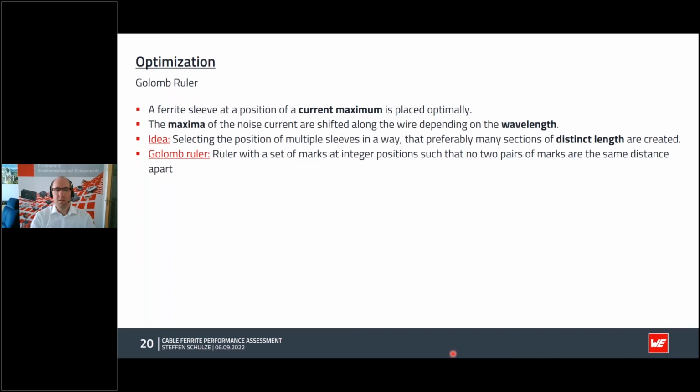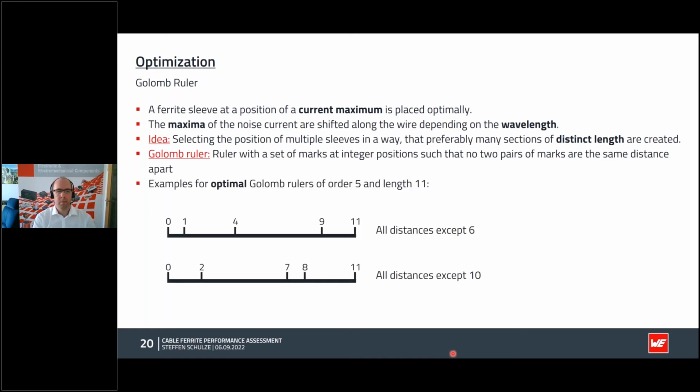The Golomb ruler has the property that every set of marks at integer positions along the ruler is such that no 2 pairs of marks are the same distance apart. So let's look at 2 examples for the so-called optimal Golomb ruler of order 5 and length 11.